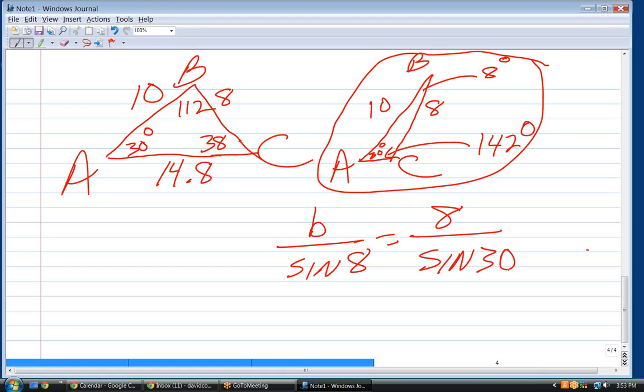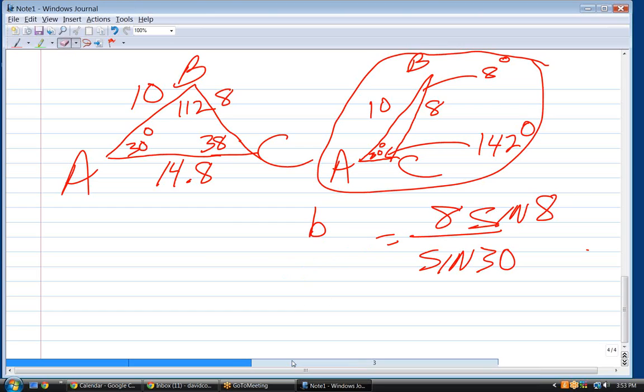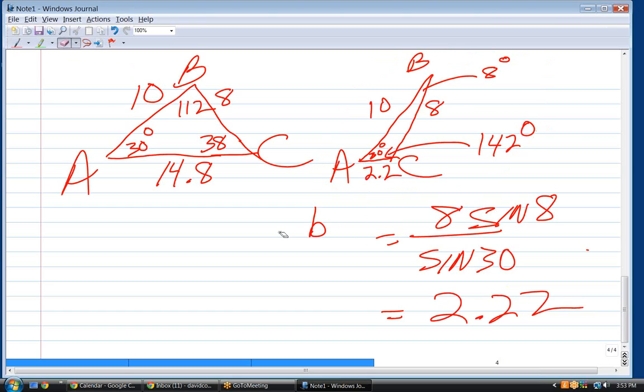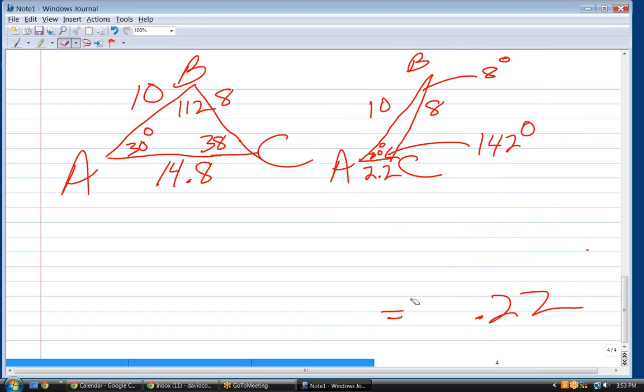So now come up with that number. 8 times sine 8 divided by sine 30. It's 2.22. So in this triangle, it's that picture. Does that pass the smell test? Yeah. It does. So those are two solutions.